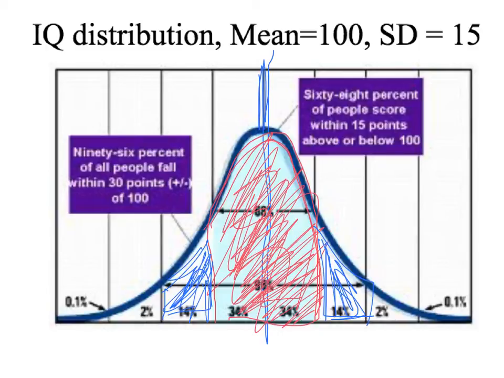And between the folks who are 1 standard deviation away from the mean and the people who are 2 standard deviations away from the mean, that's 96% of the population falls into this area.